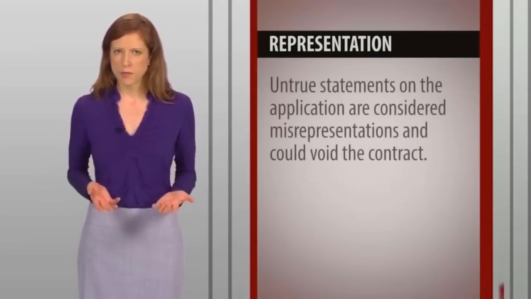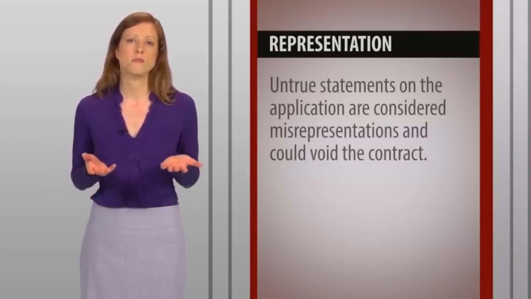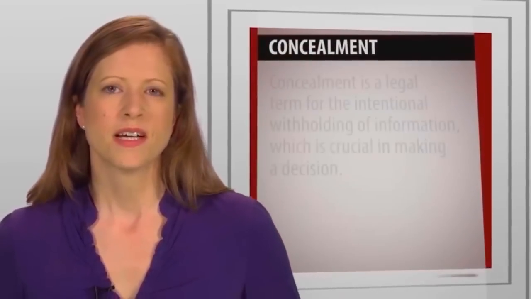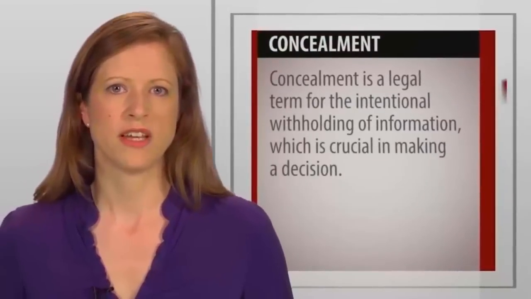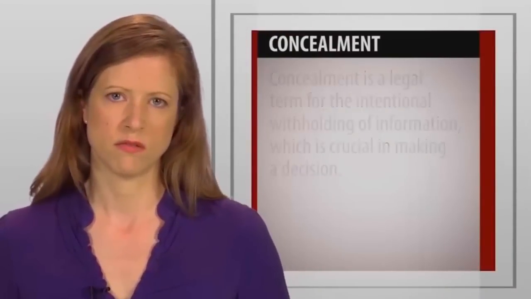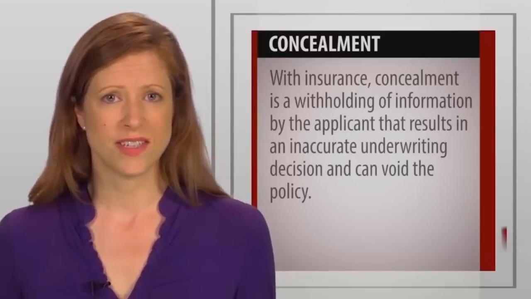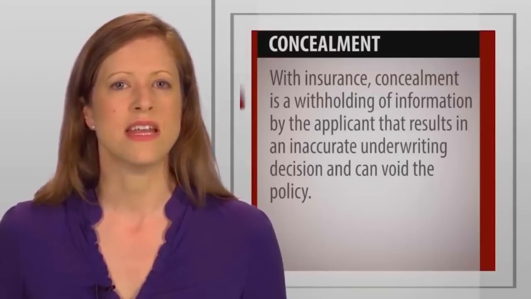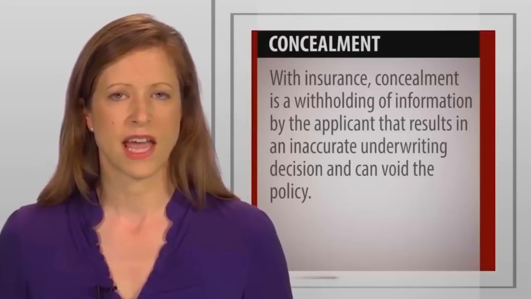Untrue statements on the application are considered misrepresentations and could void the contract. Concealment. Concealment is a legal term for the intentional withholding of information, which is crucial in making a decision. With insurance, concealment is a withholding of information by the applicant that results in an inaccurate underwriting decision that can void the policy.